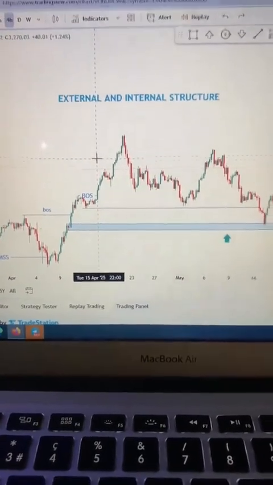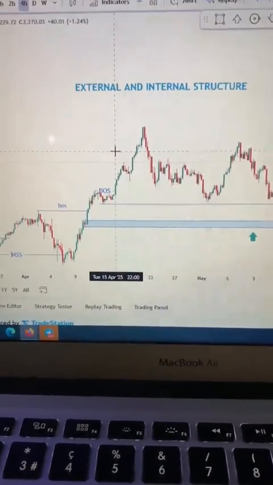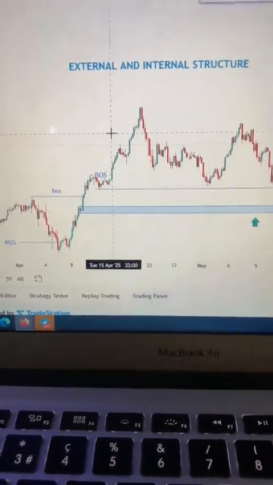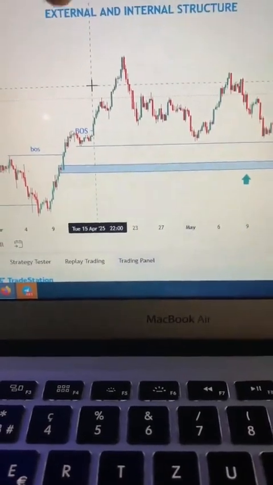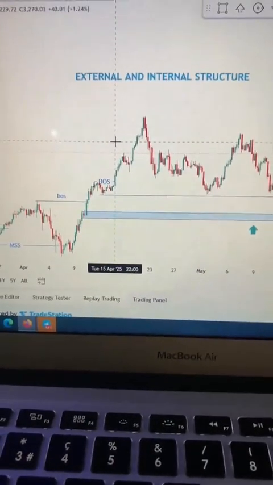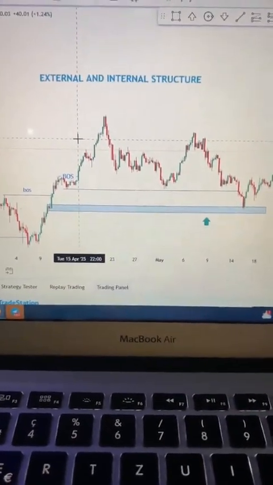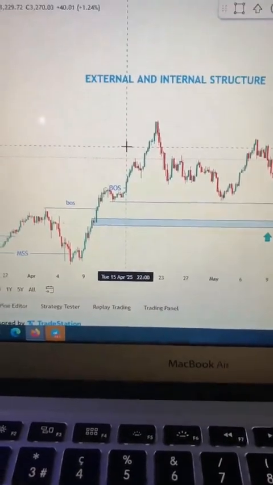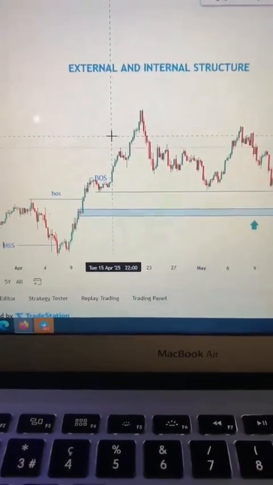So for you to have high probability trades and a high winning rate, you must understand the two of them very well. Now, the first question I know you want to ask is: what is external structure?